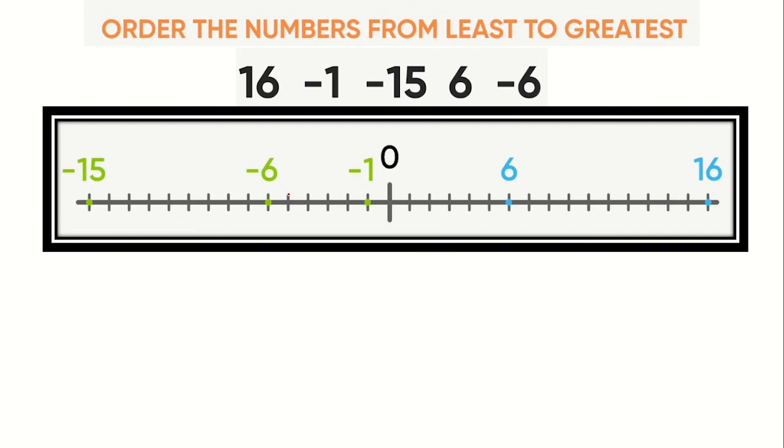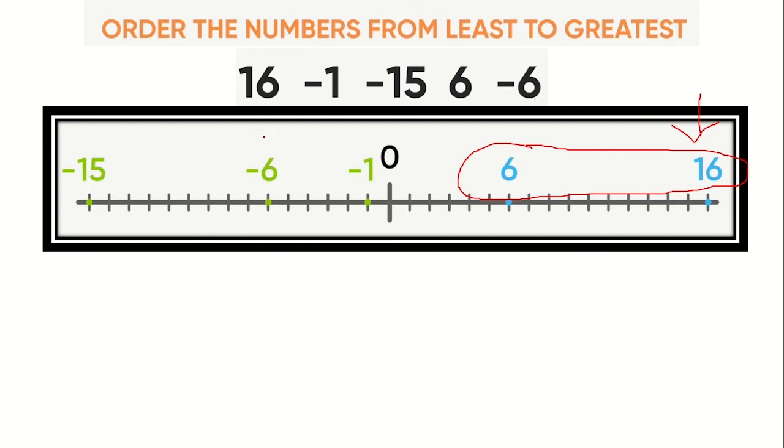So, shortcut number 1: all positive numbers are greater than negative. That means that 6 and 16 are greater compared to the other three numbers. These are negative. Between 16 and 6, 16 is greater than 6. So 16 is the greatest, and before it, it's 6.